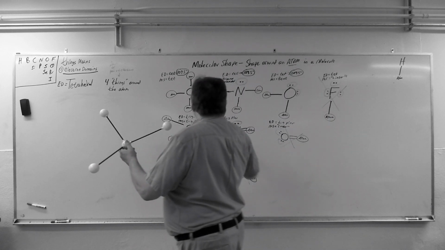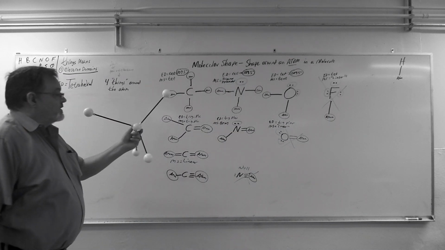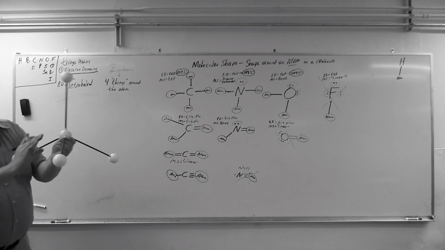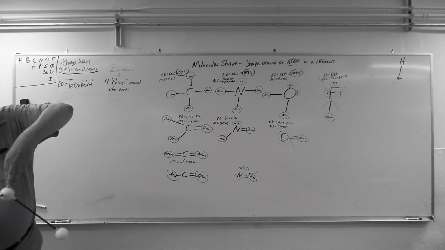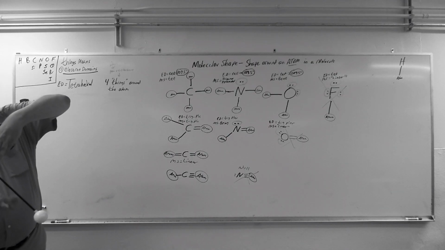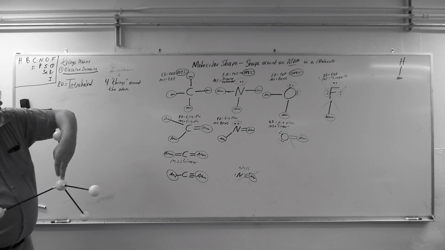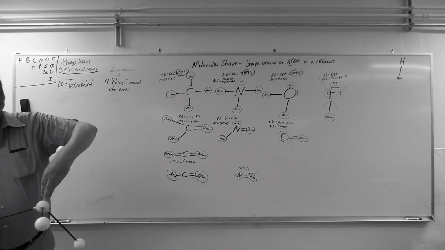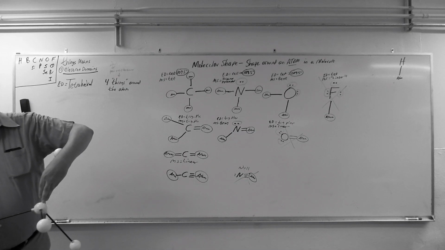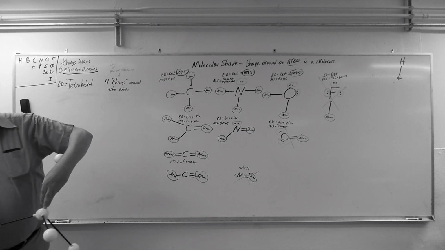So those three that have the electron domain of tetrahedral, even if I ignore this in my mind's eye, this angle is still 109.5 degrees. It's still the tetrahedral angle. 109.5 is the only one that's kind of weird that you sort of have to memorize. The rest of them are very logical.